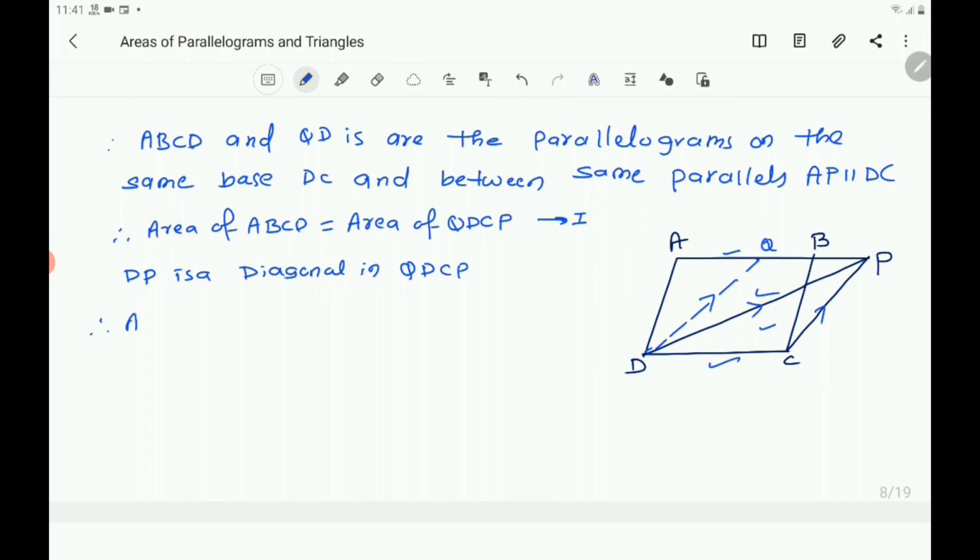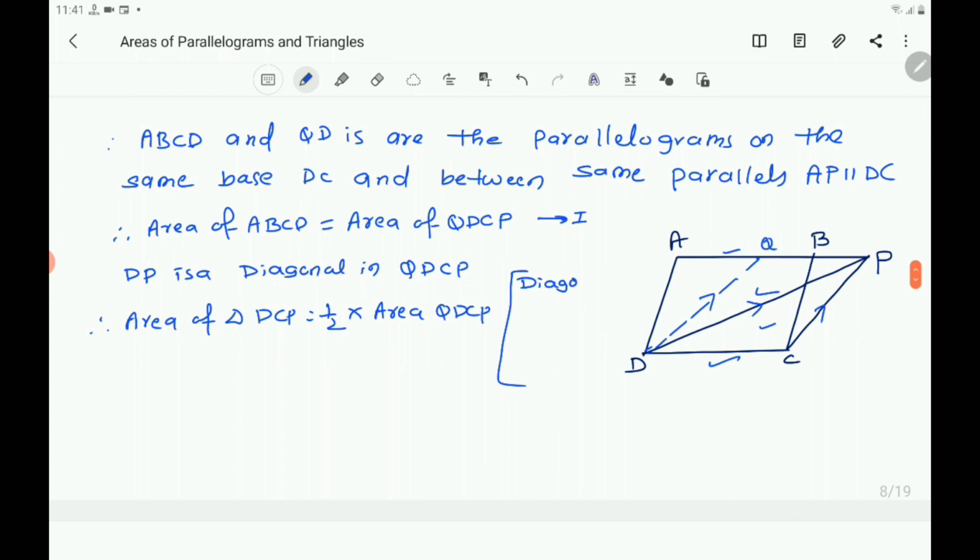Therefore, you know that area of triangle DCP equals half into area of QDCP, because you know that a diagonal divides the parallelogram into two congruent triangles.